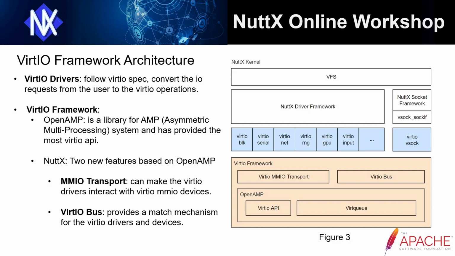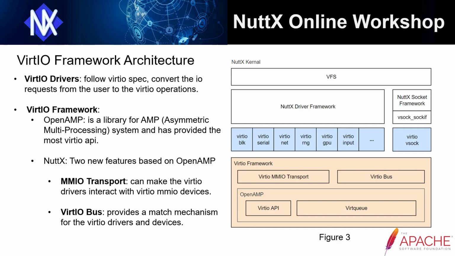And the orange part in the right figure represents the VirtIO framework. The VirtIO framework has two parts. The first part is OpenAMP. OpenAMP is a library for asymmetric multiprocessing systems and provides most of the VirtIO API. The second part is two new features based on OpenAMP in NuttX.